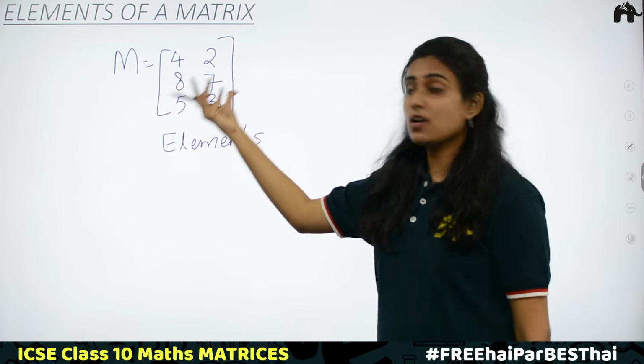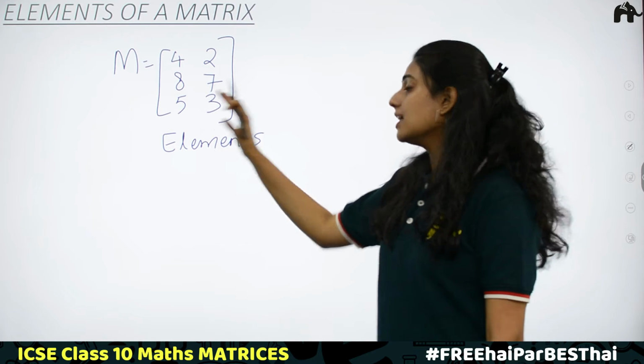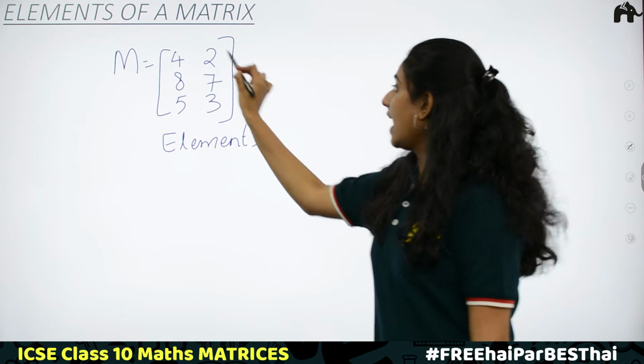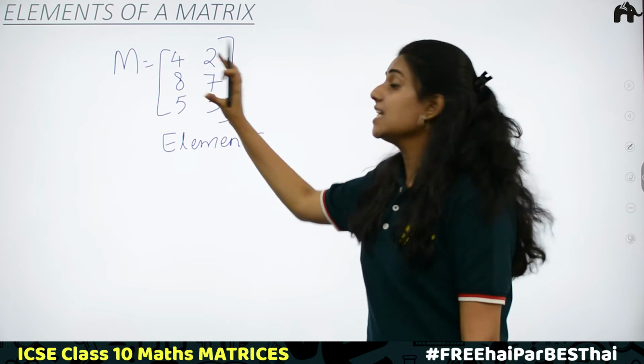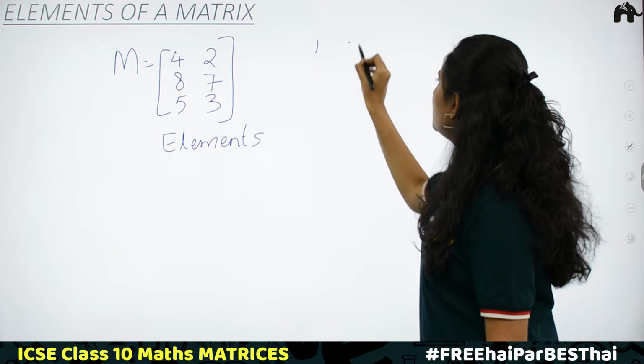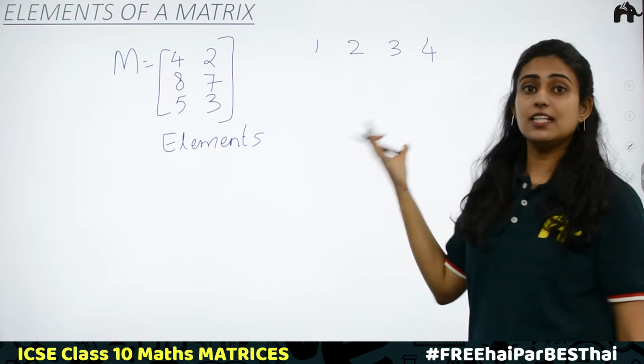That is, the members or the components of the content of the matrix are called elements of the matrix. Now when you take this example, here we had 6 members, right? We have 6 elements in this matrix. I will be giving you an example: 1, 2, 3, 4. We can represent this in different matrices.